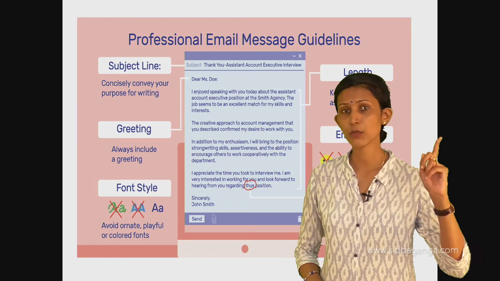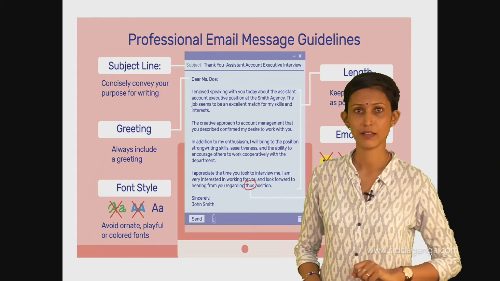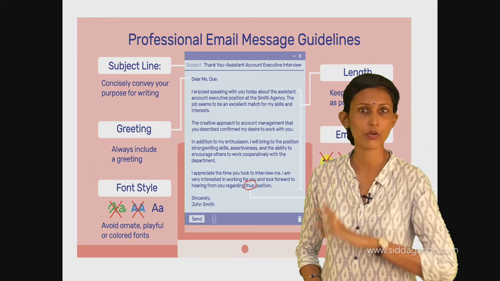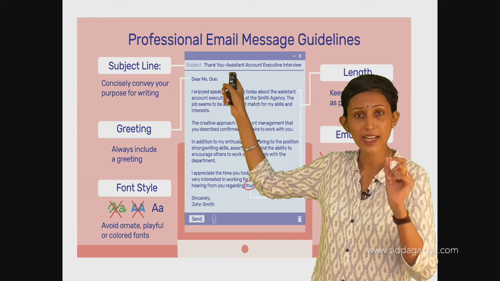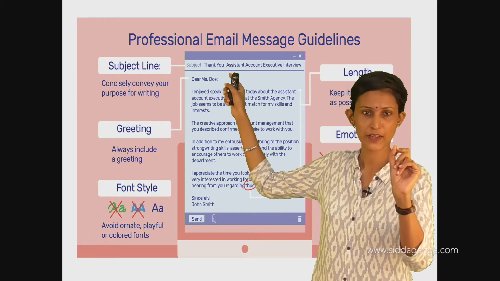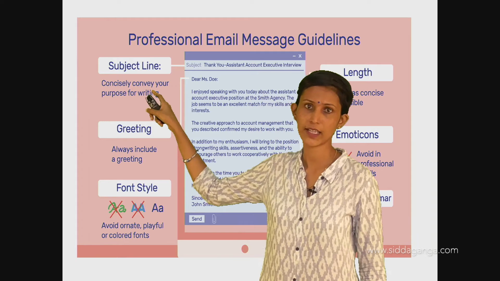Now when we wrote the letter, what did we write? Scarcity of water in Miller's Road or ABC Road. So the subject line is very concise and very precise for that matter. Concisely convey your purpose of writing that letter.